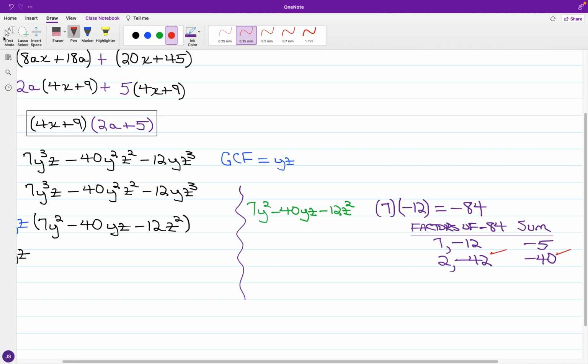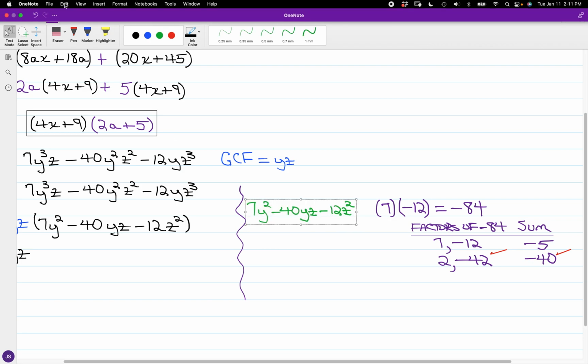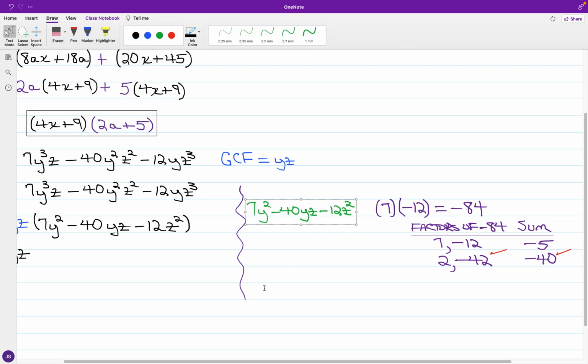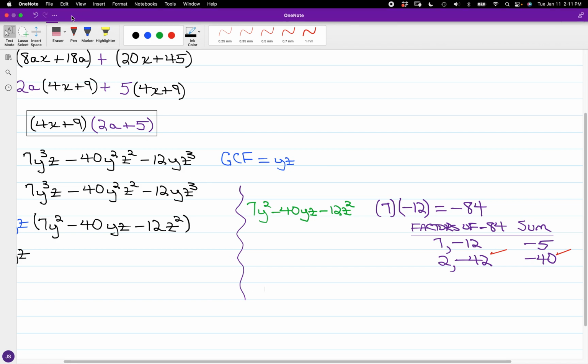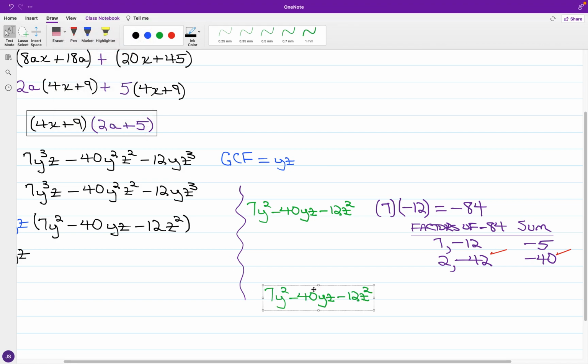So looking at what we have with this trinomial, with the factoring by grouping, we're going to split up the middle term. And we're going to have a couple of yz terms with a coefficient 2 as well as negative 42.